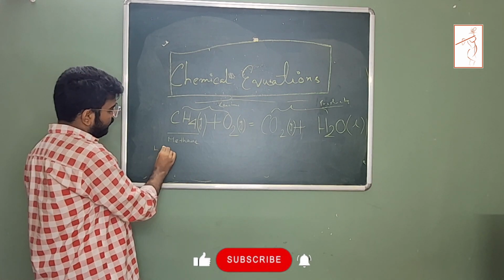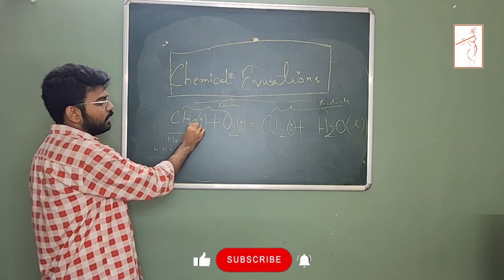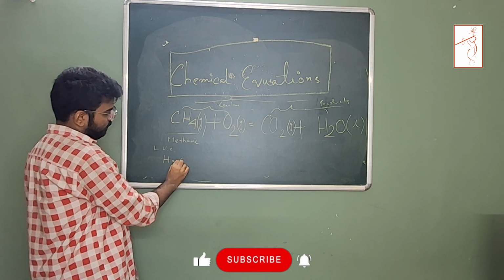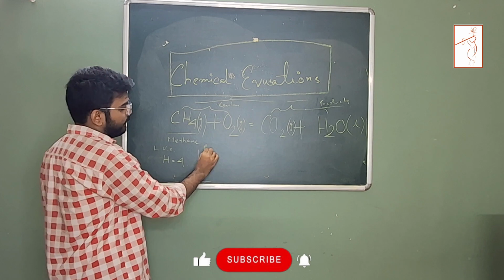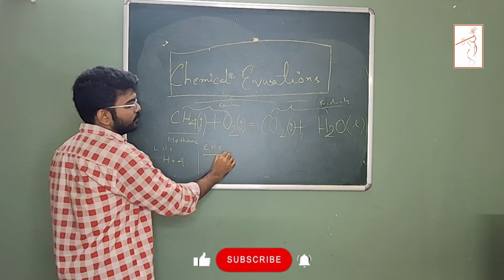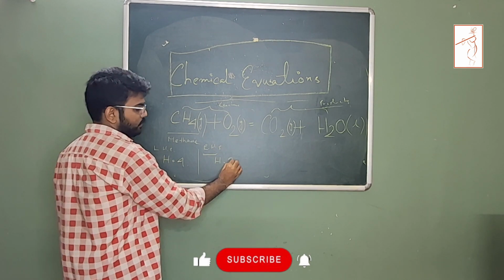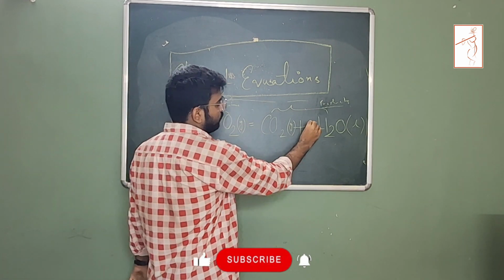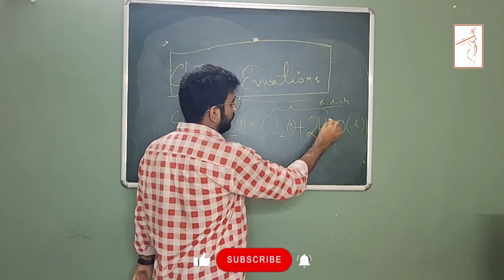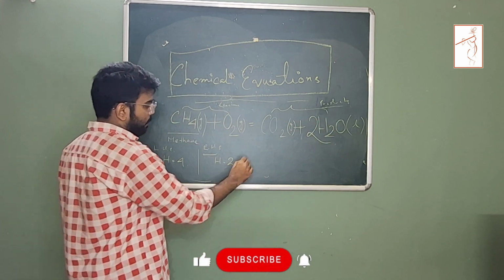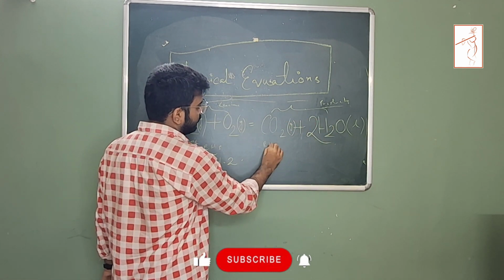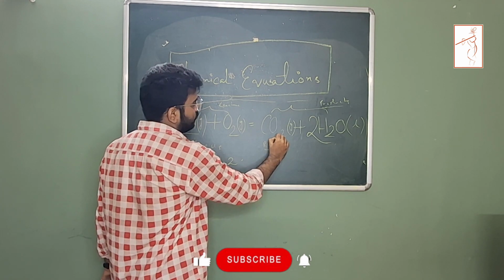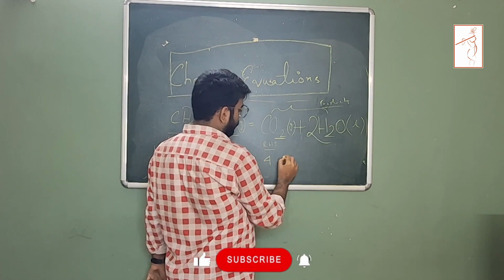So on the left-hand side, what we see, there are 4 hydrogens present, and on the right-hand side, 2 hydrogens are present. So what can we do? Just put 2 here. Now on the right-hand side there are 4 oxygens, 2 here and 2 here.